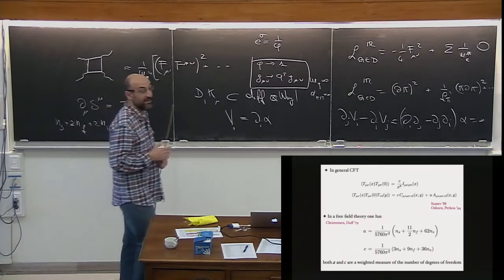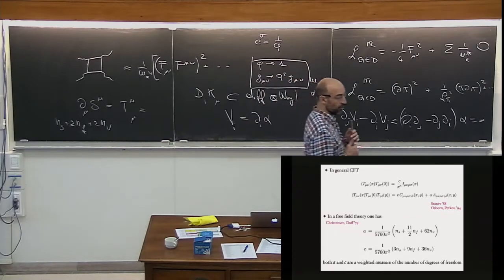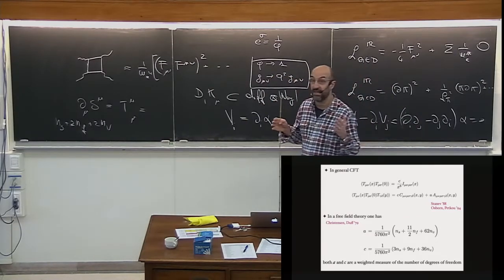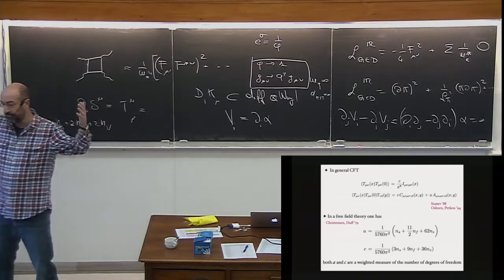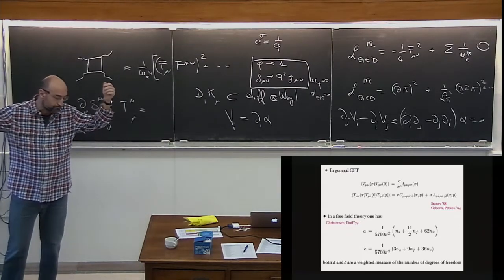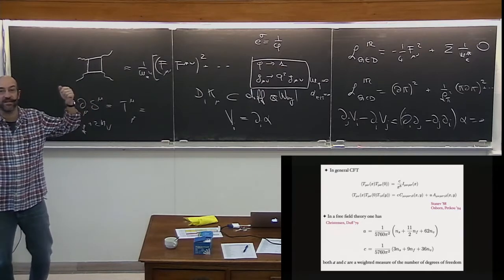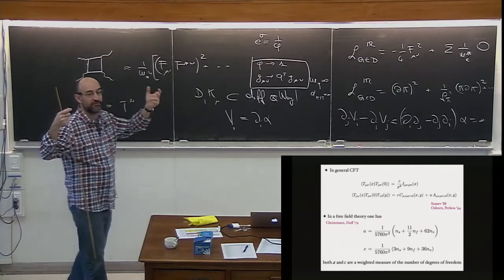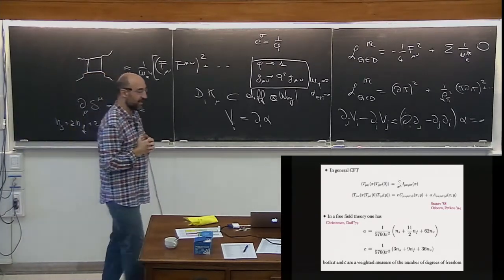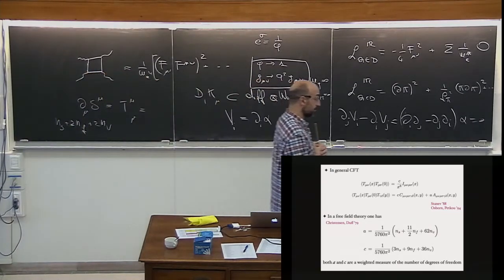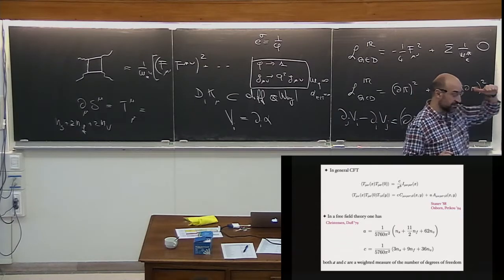If you have a theory that is interacting and it has some asymptotic states with mass, then you can count degrees of freedom in terms of asymptotic states, below a certain mass.